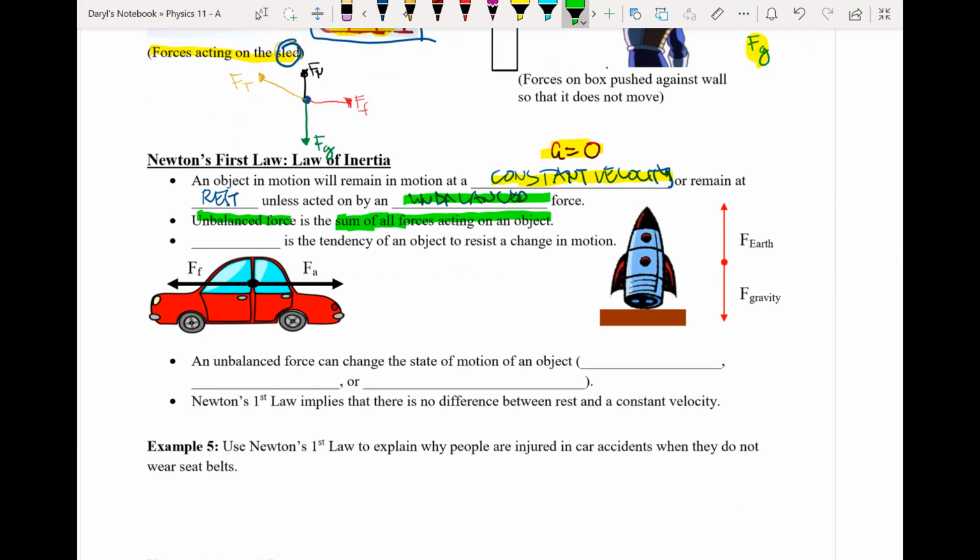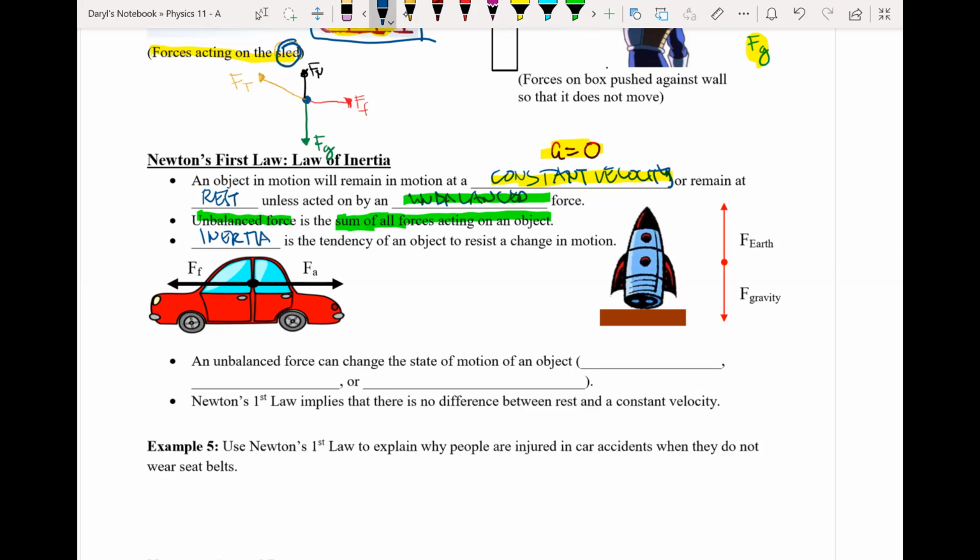You're not talking about a single force here, you're taking the sum. And inertia is actually defined as the tendency of an object to resist change in motion. So change in motion, either moving or at rest.